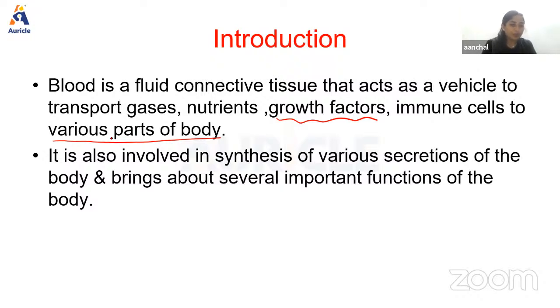So as we know, blood is a red colored fluid that circulates through the vascular system in humans and also in other vertebrates, right? And it is responsible for carrying nutrients, oxygen, and waste products including CO2 from all parts of the body.